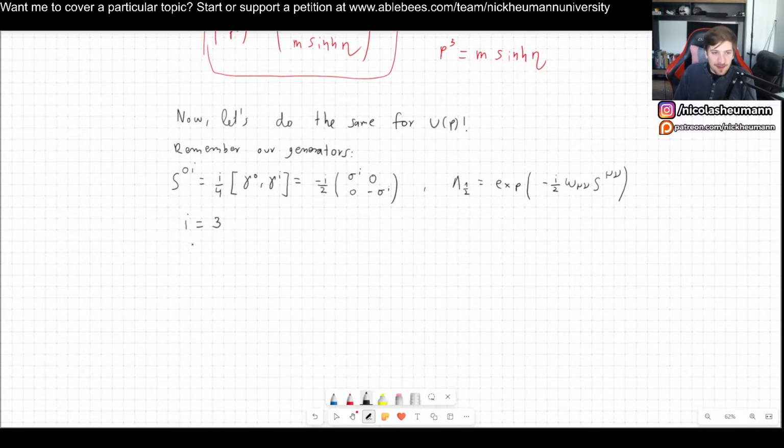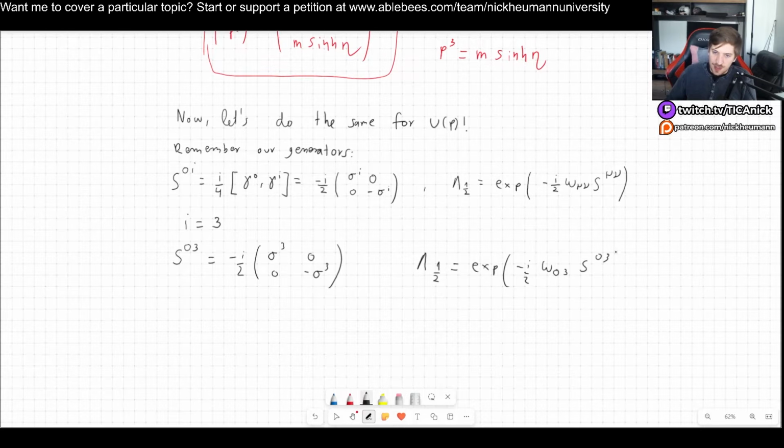So in that case, our S03 is going to be minus i over 2 sigma 3, 0, 0 minus sigma 3. And our actual transformation itself is going to be the exponent of minus i over 2, and this little omega 0 3, and S03.